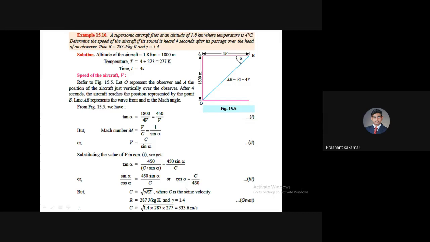So cos alpha equal to, or alpha equal to cos inverse of 333.6 divided by 450, you can take for finding the alpha value. And for Mach number, you can write V by C once you find out V. To find the V value, you can substitute here C by sine alpha.